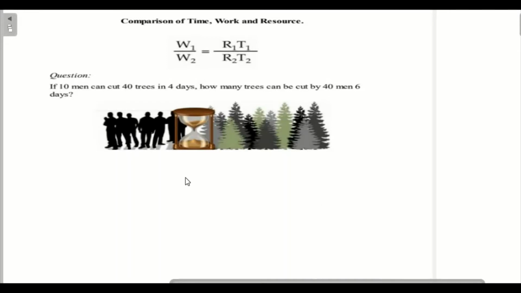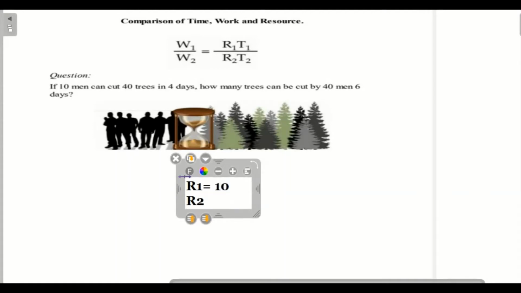So here they have given R values, that is R1 equal to number of men in the first case, which is 10, and R2 is 40 people. Then the time they have given: time 1 is 4 days, and for time 2, it is 6 days.